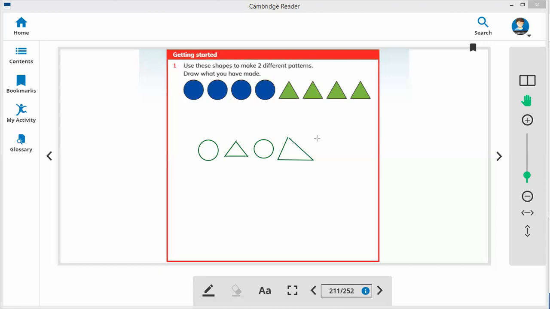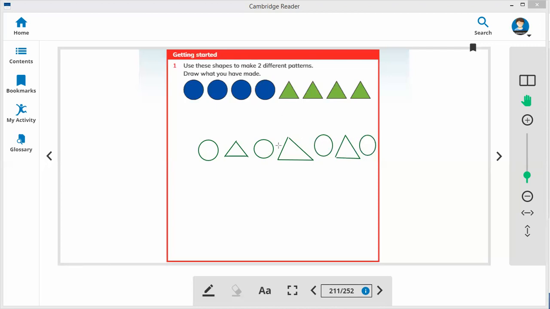After triangle, we are going to use a circle again, and after the circle, we are going to draw a triangle. So here is the triangle. What will come next? Circle again. So here, how many circles? 1, 2, 3, 4.